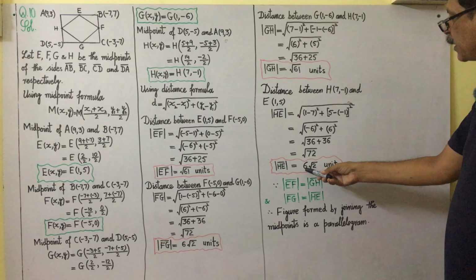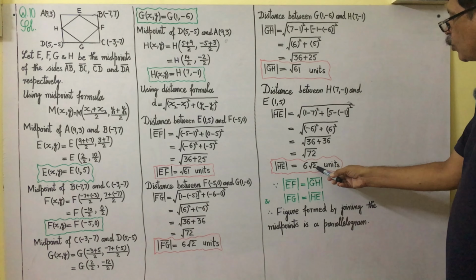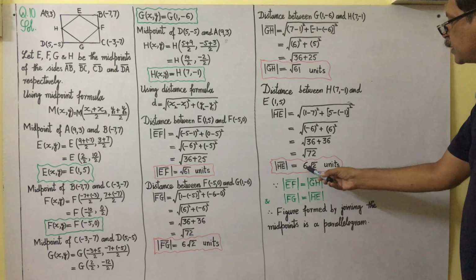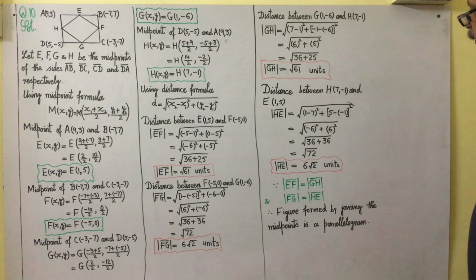Square root of 36 is 6 into square root of 2. So HE is 6 into square root of 2 units.